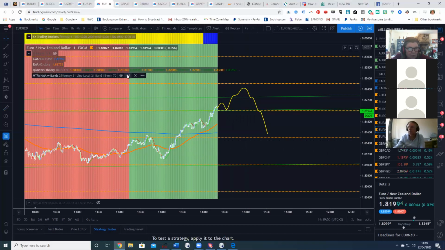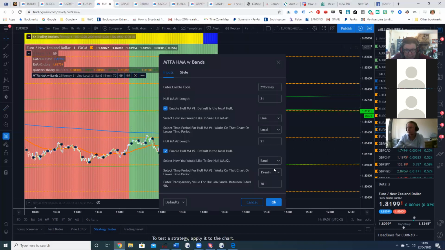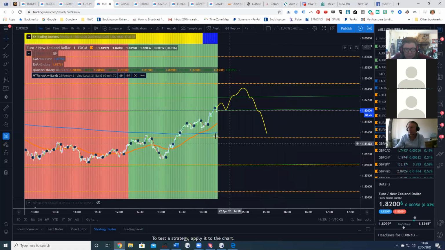You can also change it to here. Here's the settings. You have to put an enable code in if you want to take a screenshot. Make sure you tick that box on the left. You'll find this in indicators on TradingView. If you put that on the 60-minute, now I'm not often in trades this long, but you'll see these bands switch on the background. Sometimes I switch it on. There we are.